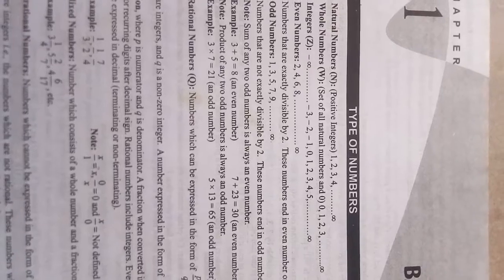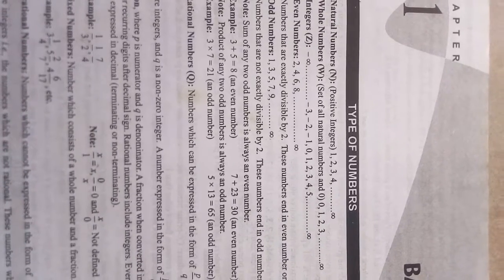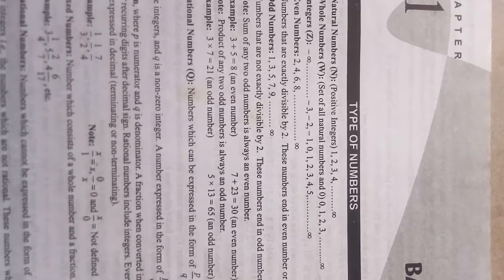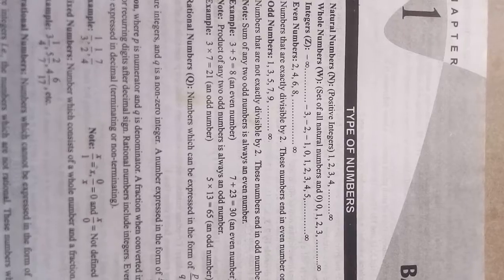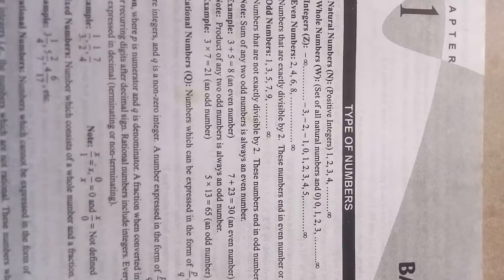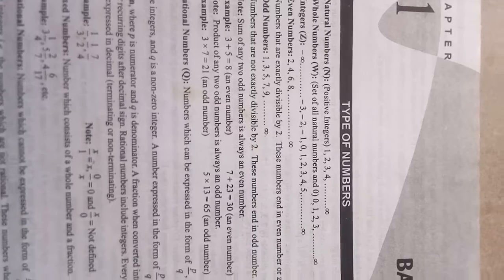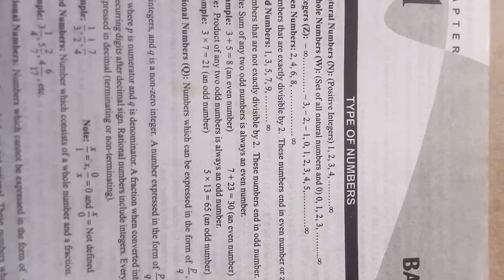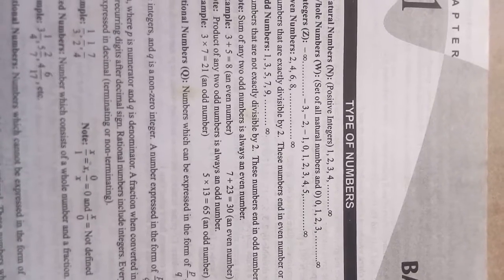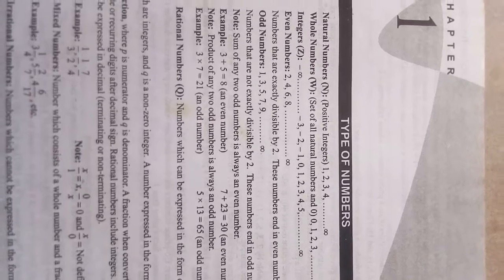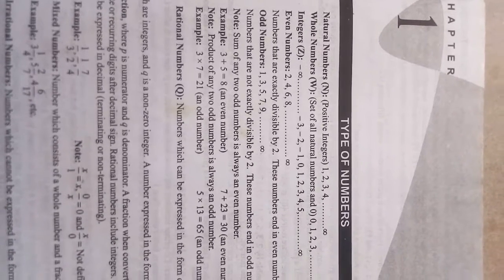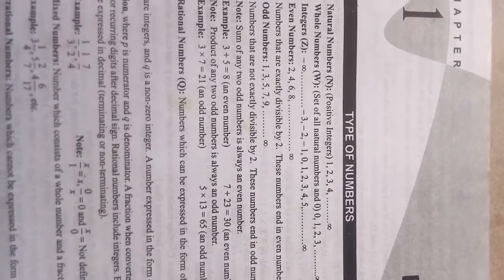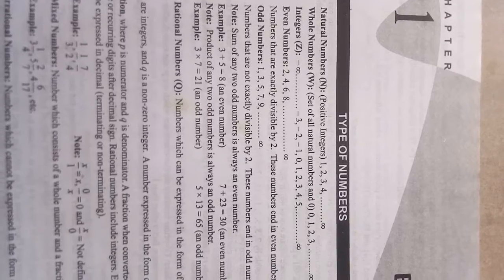And if you take 2 plus 4, 2 is an even number and 4 is also an even number. The sum of two even numbers is an even number, and the sum of two odd numbers is also an even number, whereas the sum of one even number and one odd number is always an odd number. The product of two odd numbers is also an odd number, and the product of two even numbers is also an even number. So these are some of the important properties we have to learn in numbers.